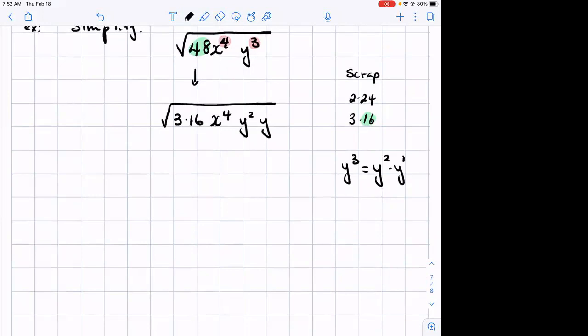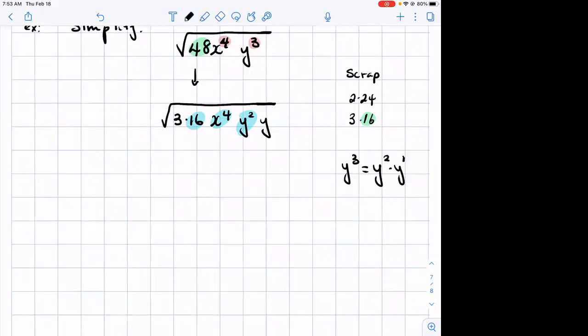Now, we can rewrite this because look at the things that you know the square root of. I do know the square root of 16, I do know the square root of x to the 4th, and I do know the square root of y squared. Those are the things that can come out of there.